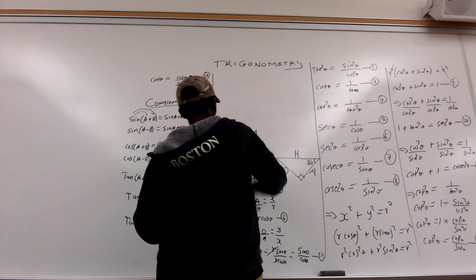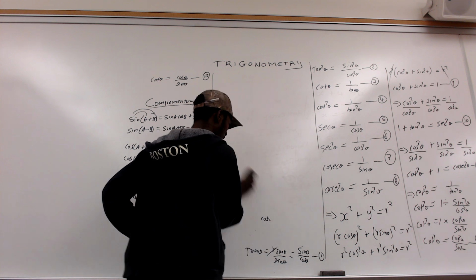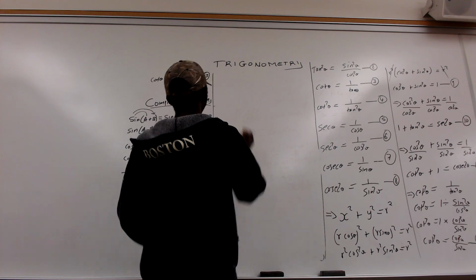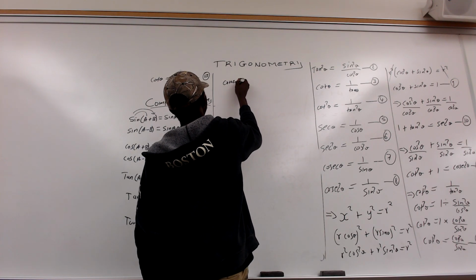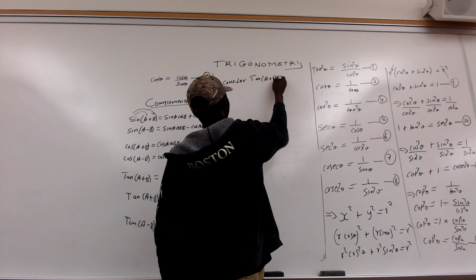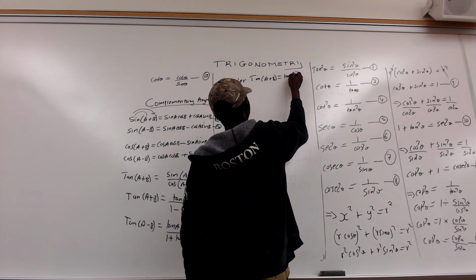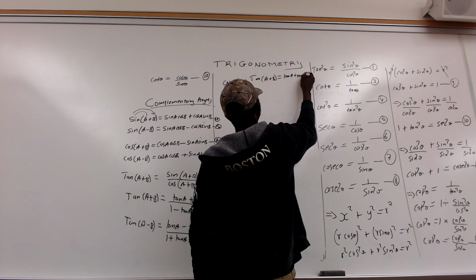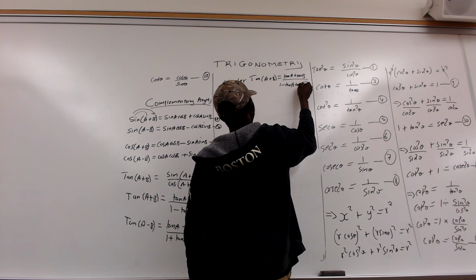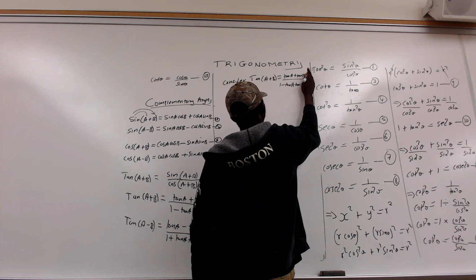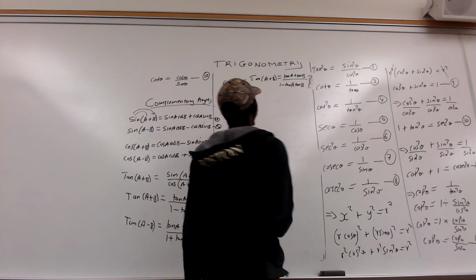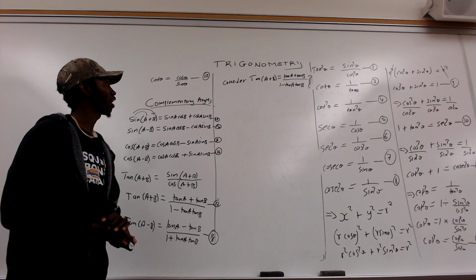So consider this identity, which is tan(A plus B) equals tan A plus tan B over 1 minus tan A tan B. Why? How do we have that result?